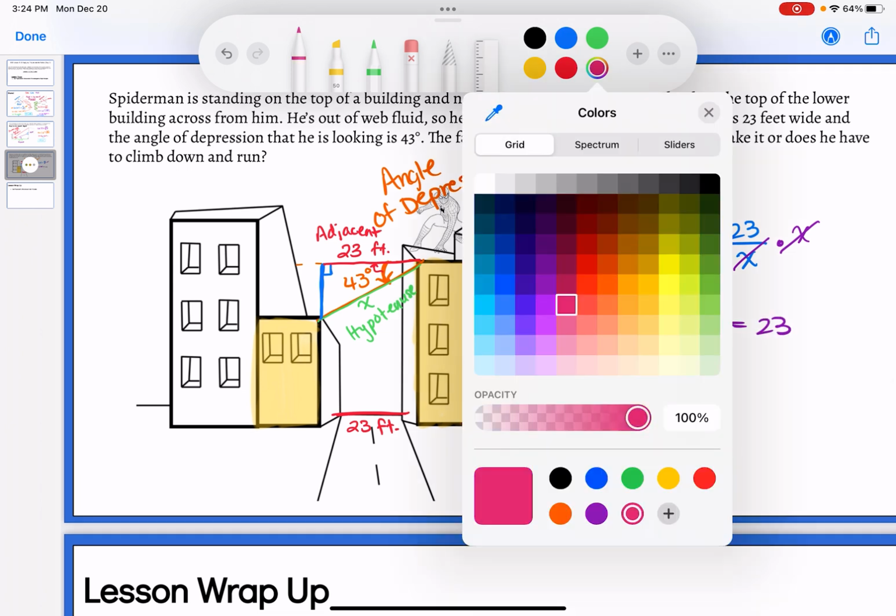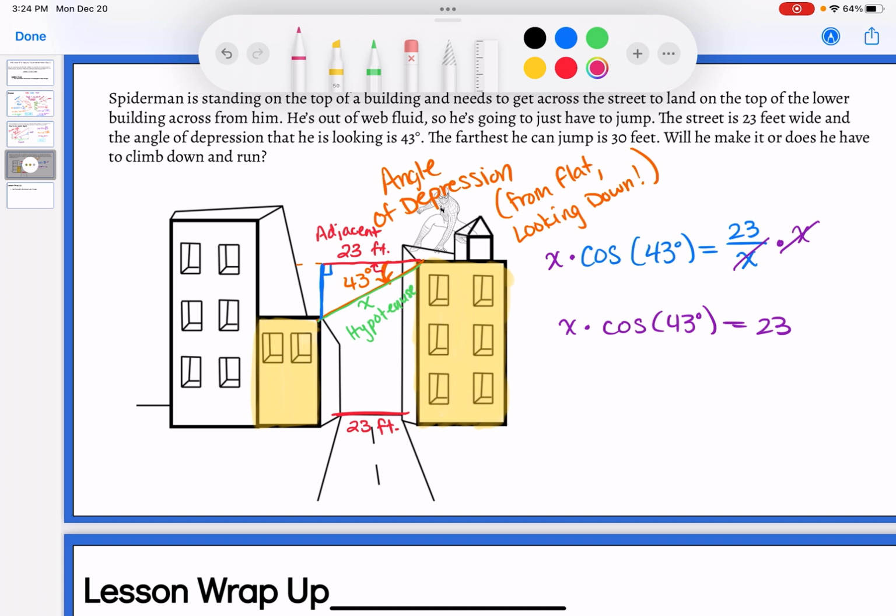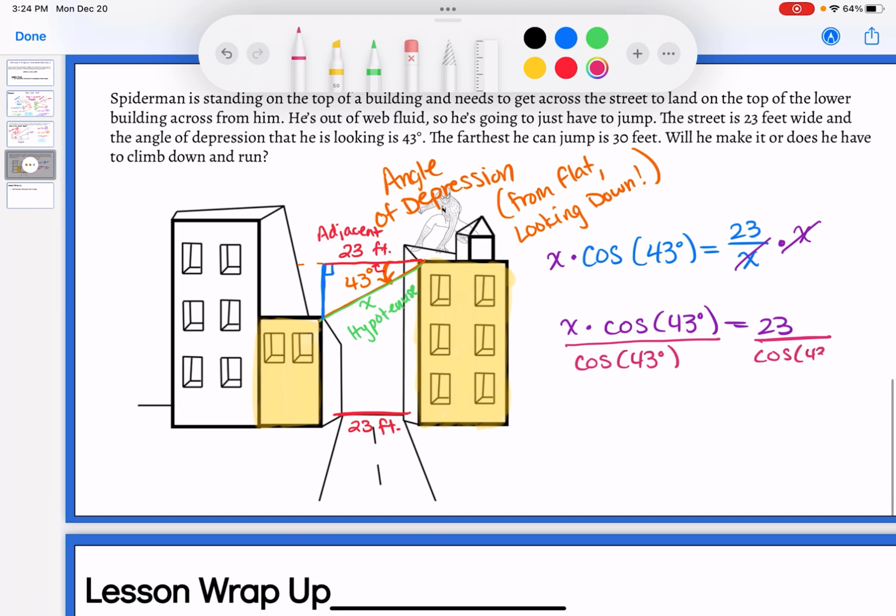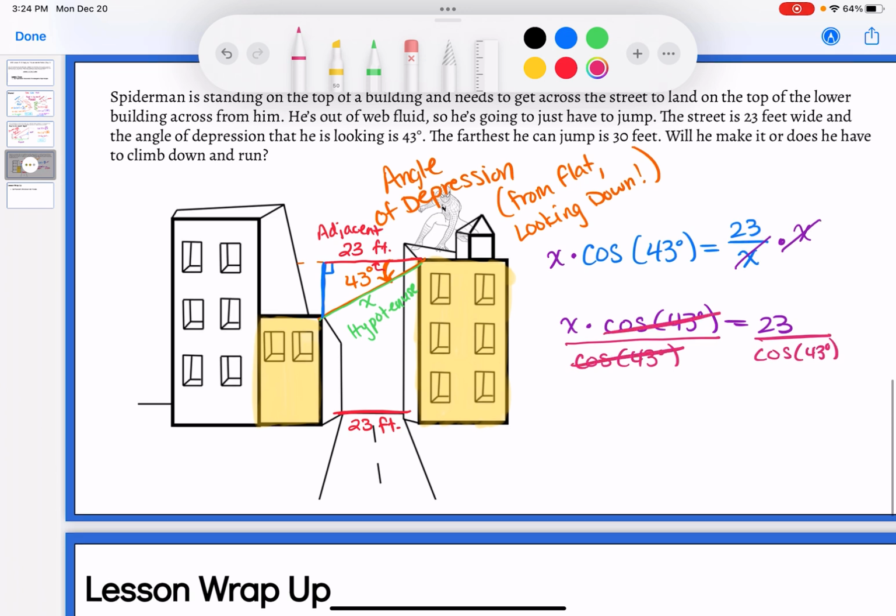Now the cosine of 43 degrees is just a number. It's a complicated placeholder, but it's just a number. So to get x by itself, I need to divide both sides by the cosine of 43 degrees. So they cancel over here. So I have x equals 23 divided by the cosine of 43 degrees.